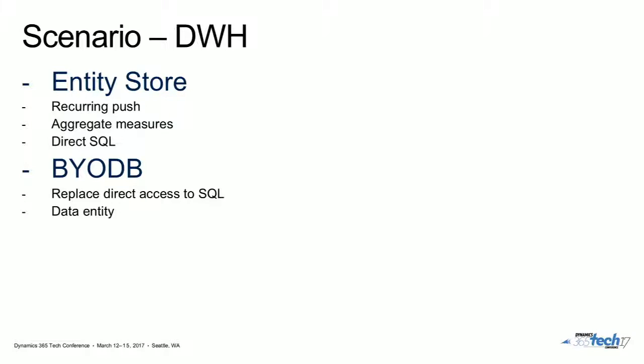Okay, so all the patterns that we went through before, most of them are inbound patterns, and for outbound patterns, we have data warehousing. With D365, we have two concepts. One is entity store, and the other concept is bring your own database.